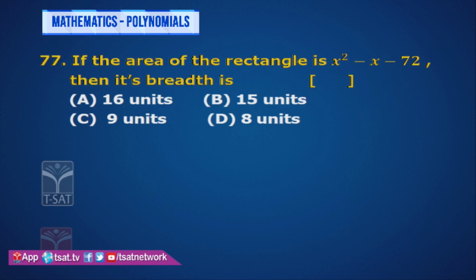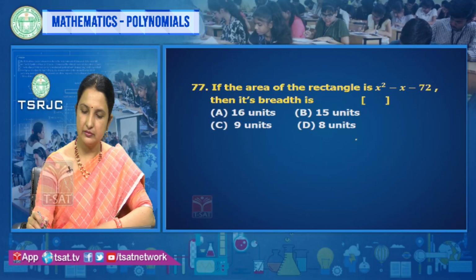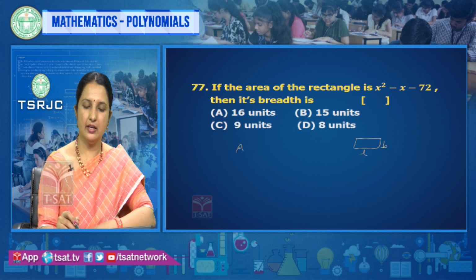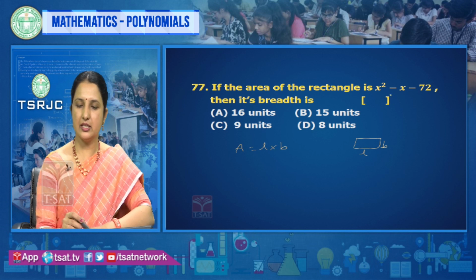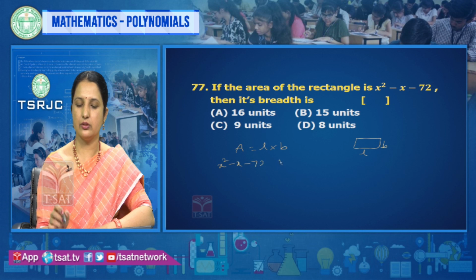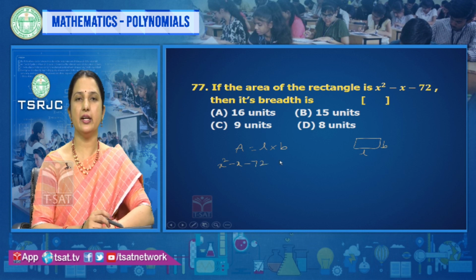Okay, next question number 77. If the area of a rectangle is x square minus x minus 72, then its breadth is? The area of a rectangle is length into breadth. The area given here is x square minus x minus 72, so we have to find the factors.